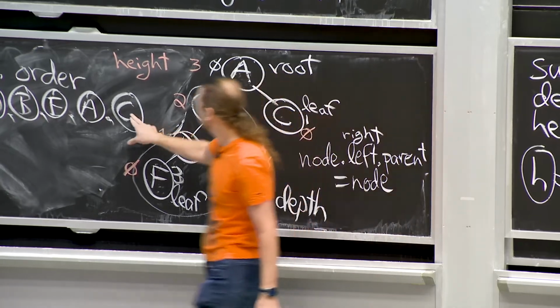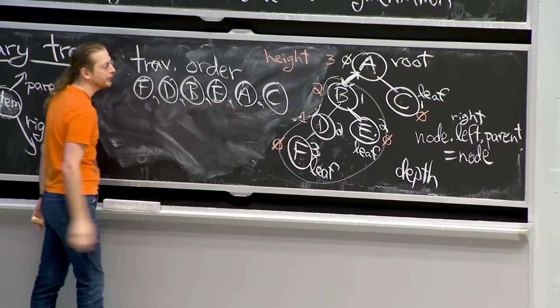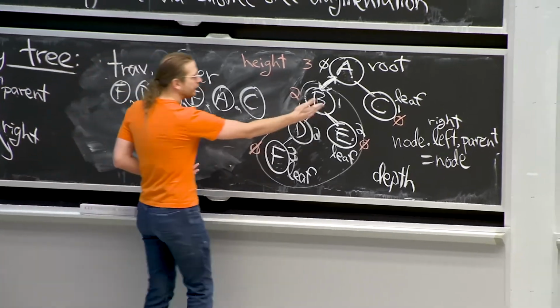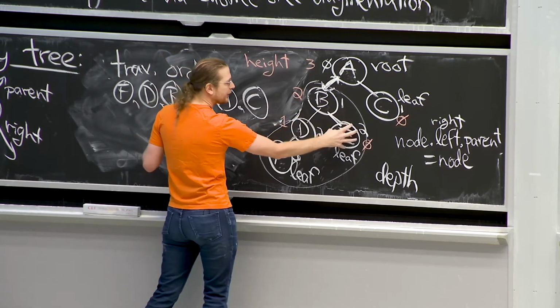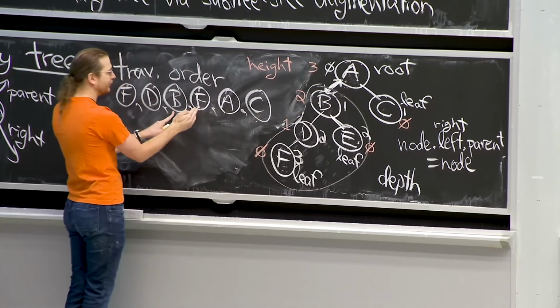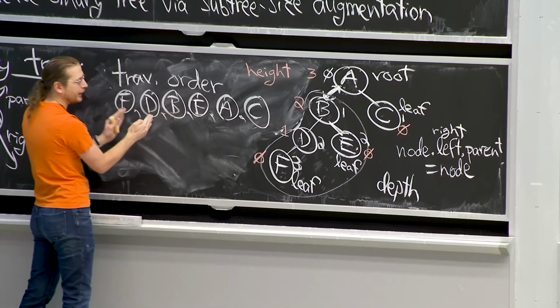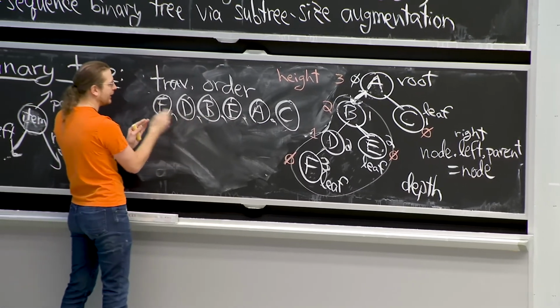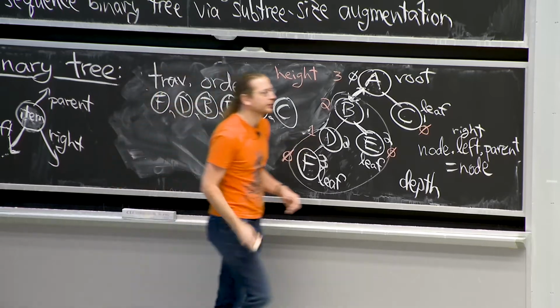So you can see here, C comes after A, and all the other nodes come before A. And recursively, if I look at node B, E is to the right of it, but this is all to the left of A. So E is between B and A. And then F and D are to the left of that. And again, F comes before D because F is in the left subtree of D.